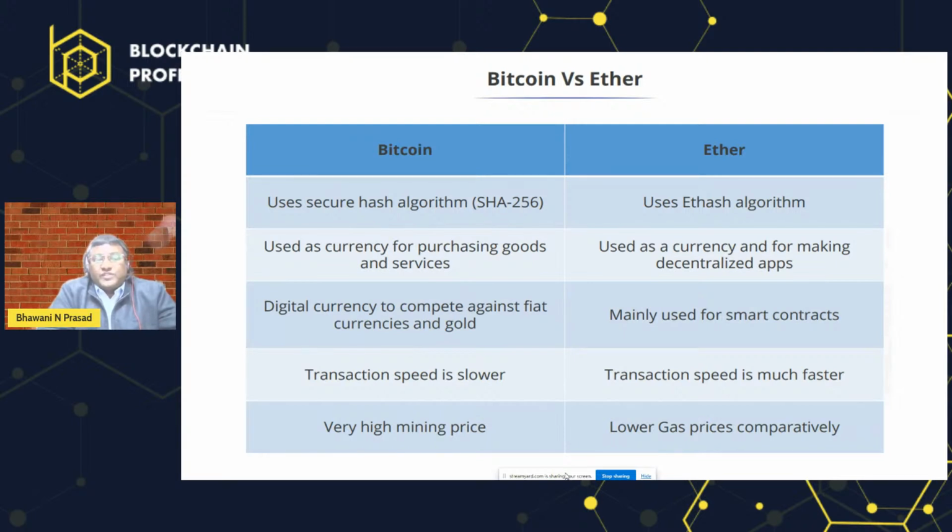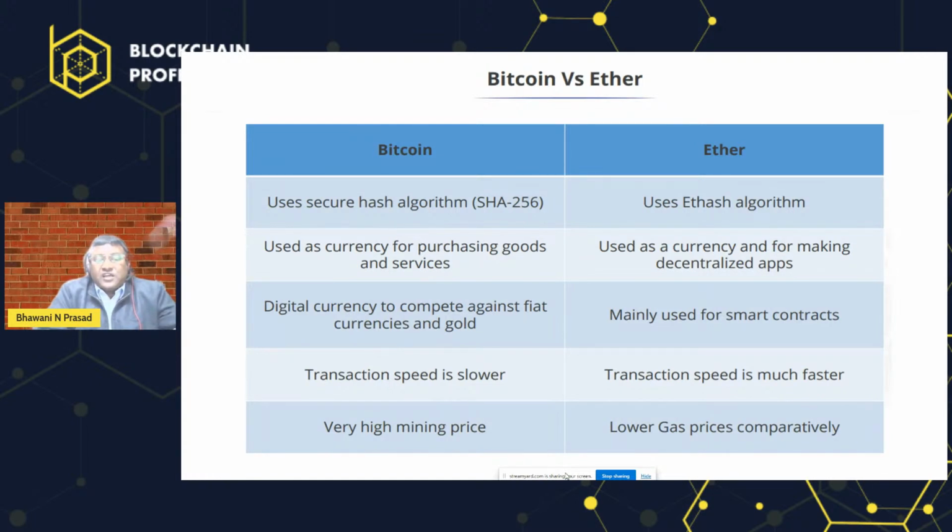So the algorithm is different. Bitcoin is used as a currency for purchasing goods and services, and Ether is used as a currency and for making decentralized apps. Bitcoin is a digital currency to compete against fiat currencies and gold, but Ether is mainly used for smart contracts.